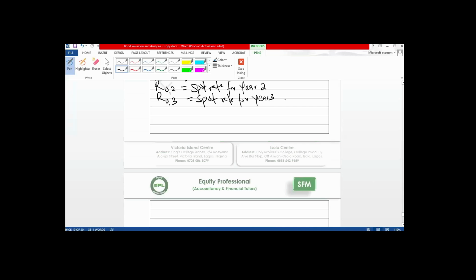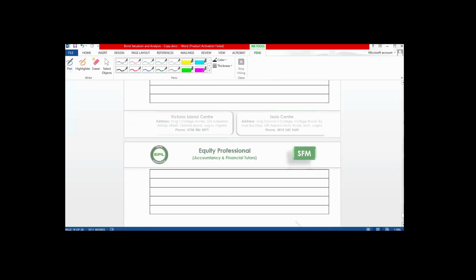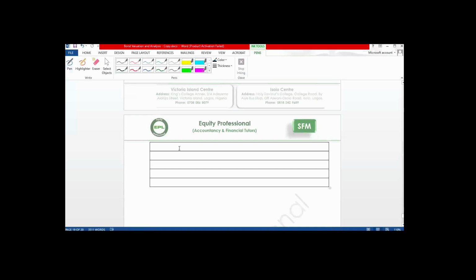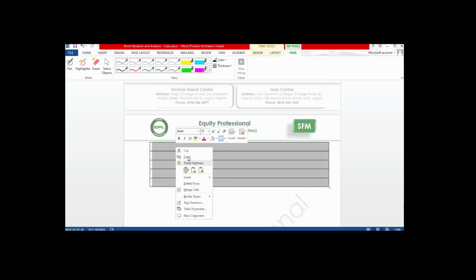Okay, let me create space. We got to create more space. Enough. Oh.